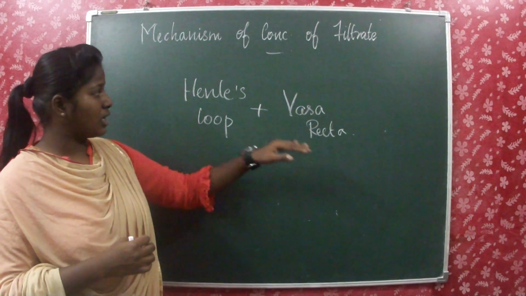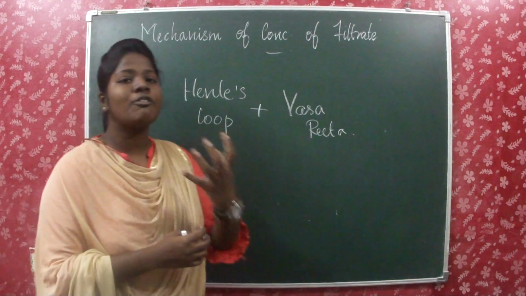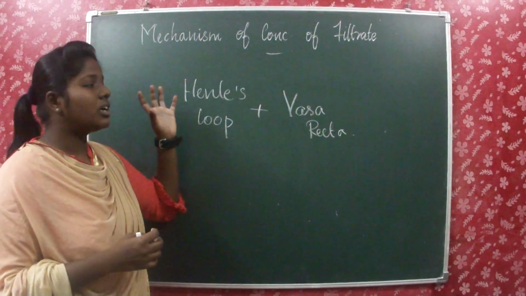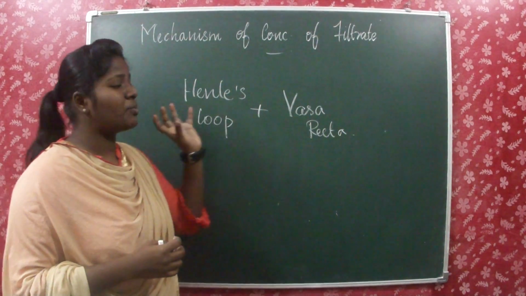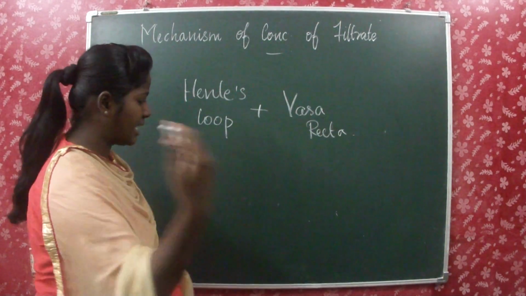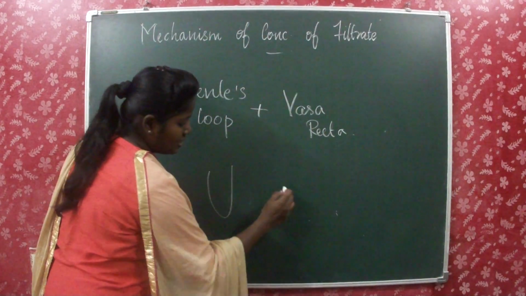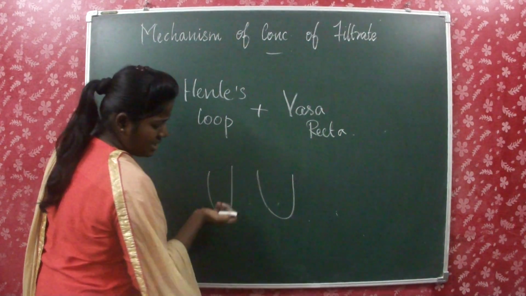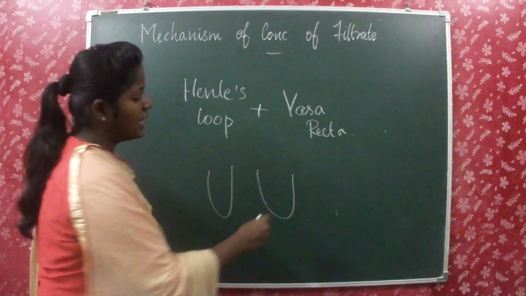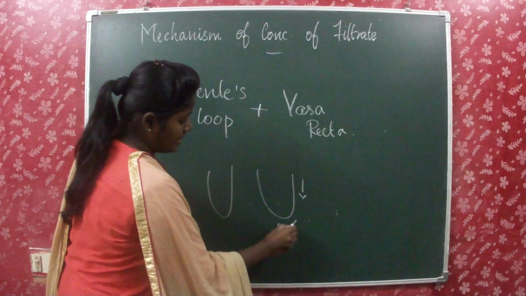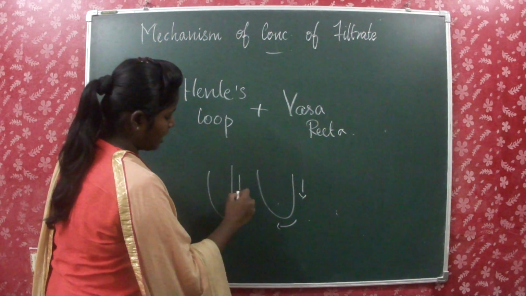The flow of filtrate in these two, that is in the Henle's loop and vasa recta, is in opposite directions. That is, if this is Henle's loop and this is vasa recta, and the flow of filtrate is like this, then here it goes in a counter current direction.